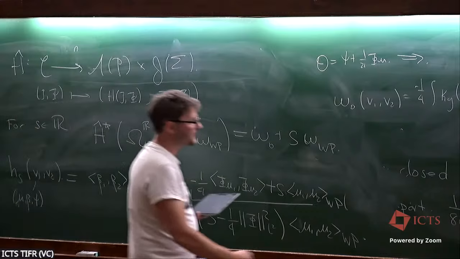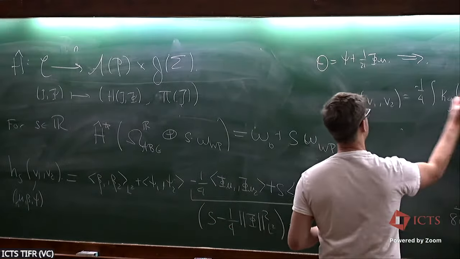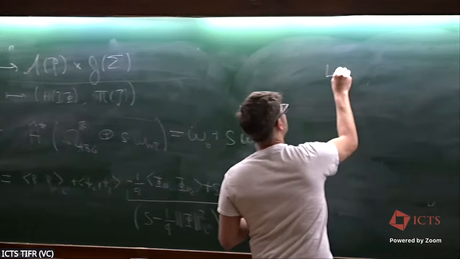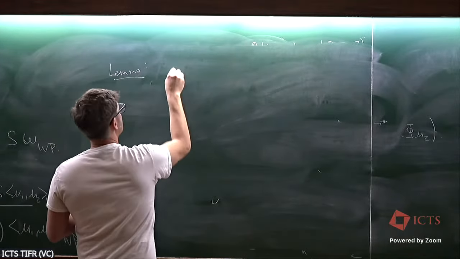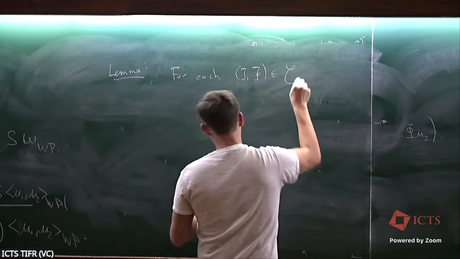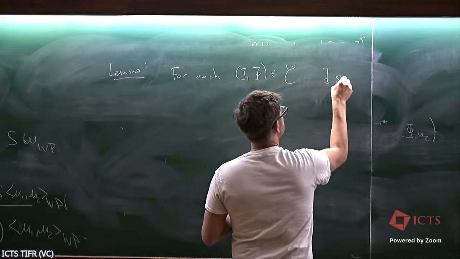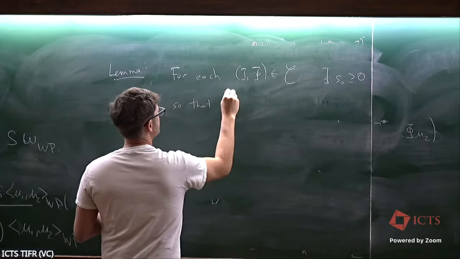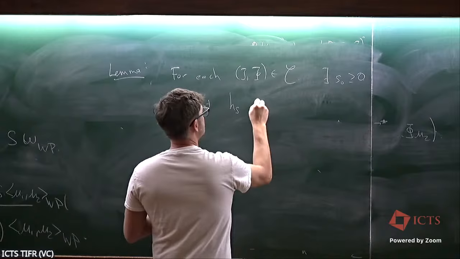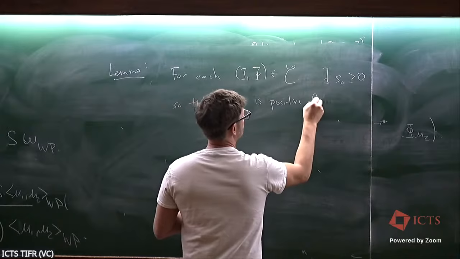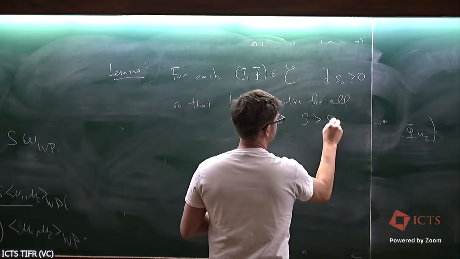So the lemma now, or just calling everything a lemma, but really I want to call it an observation from what I just described to you. For each fixed point of my configuration space, there exists an s naught bigger than or equal to 0, so that HS is a positive definite non-degenerate form, positive for all s bigger than s naught.